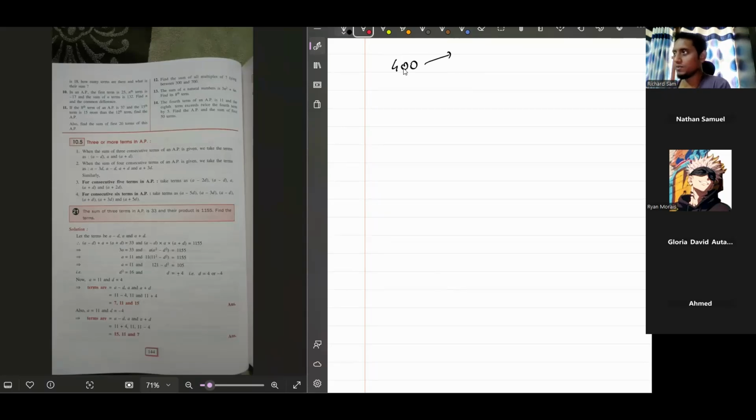First you will check if 400 is in 27 tables. You will do 400 divided by 27. 27 ones are 27, 27 fours are 108.